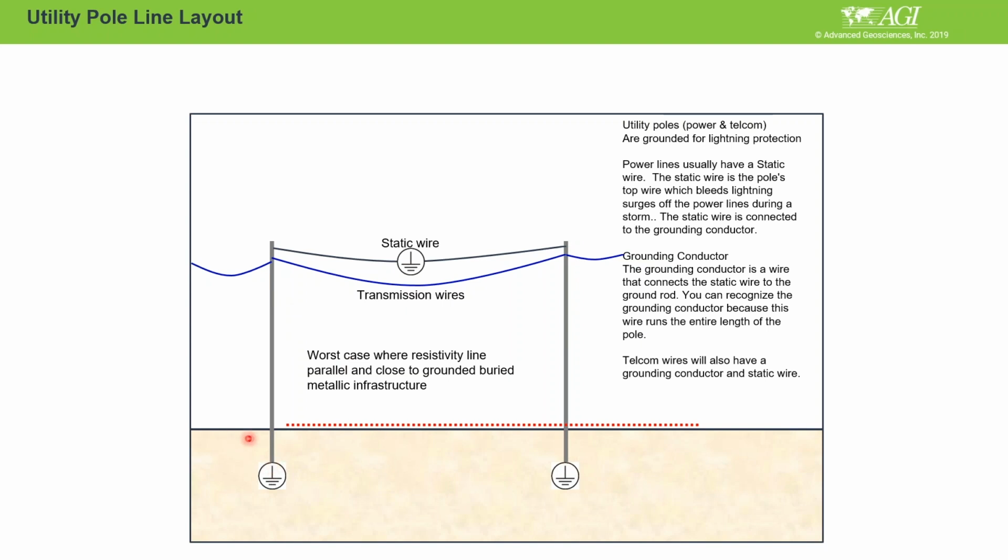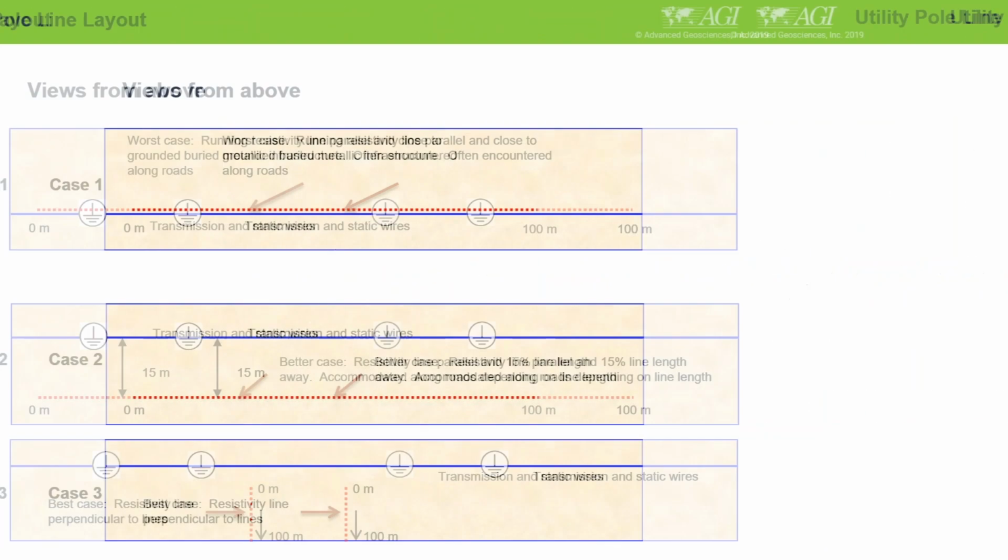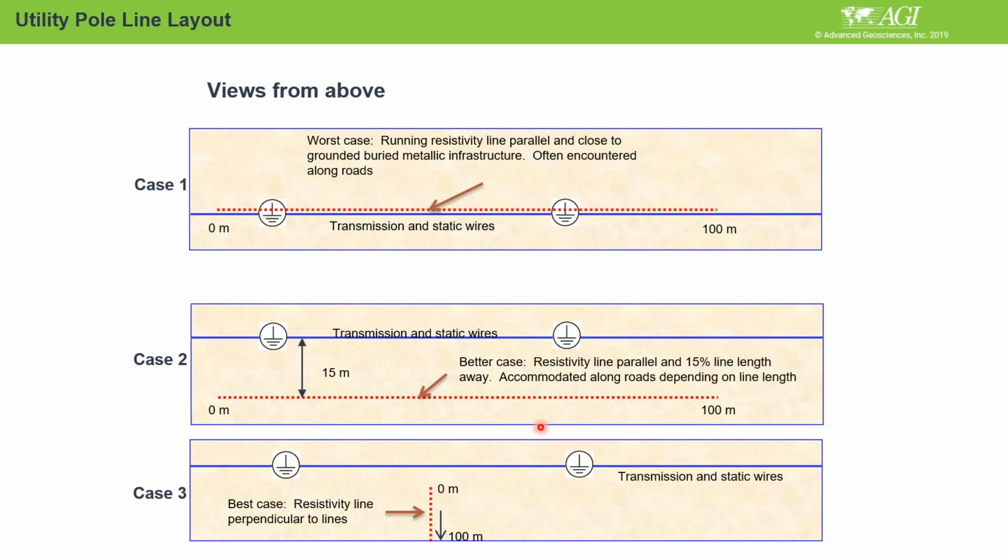So if you put your measurement line close underneath, you're getting some errors, and you're getting the influence of uncontrollable static voltage. This is what we call the worst scenario in a resistivity line, when you run parallel to a grounded buried metallic infrastructure. The recommendation is you need to get away from this line. So how far should I get away?